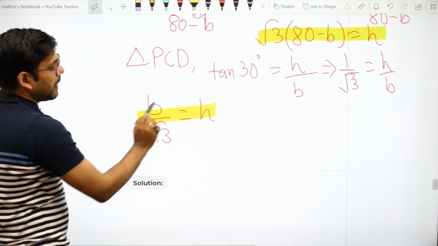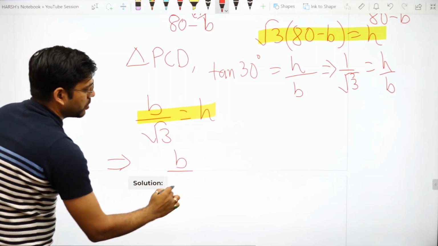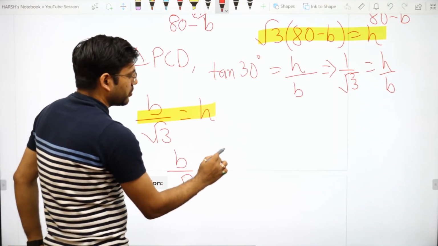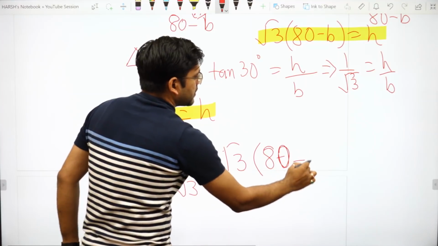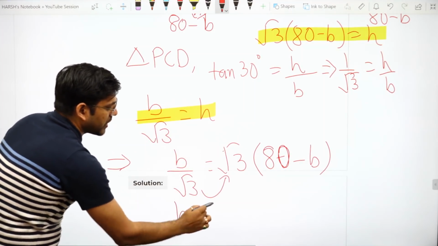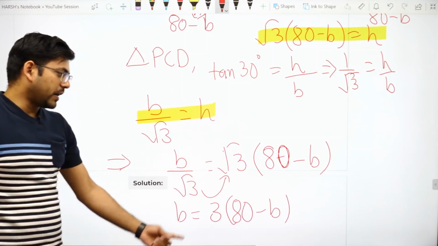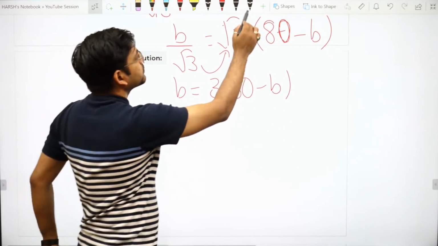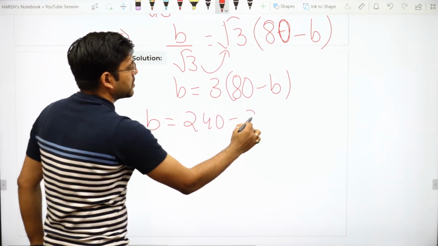So I will make both of them equal. This implies B upon root 3 is equal to root 3 times 80 minus B. Now doing the cross multiplication, we get B is equal to 3 times 80 minus B. So B equals 240 minus 3B.